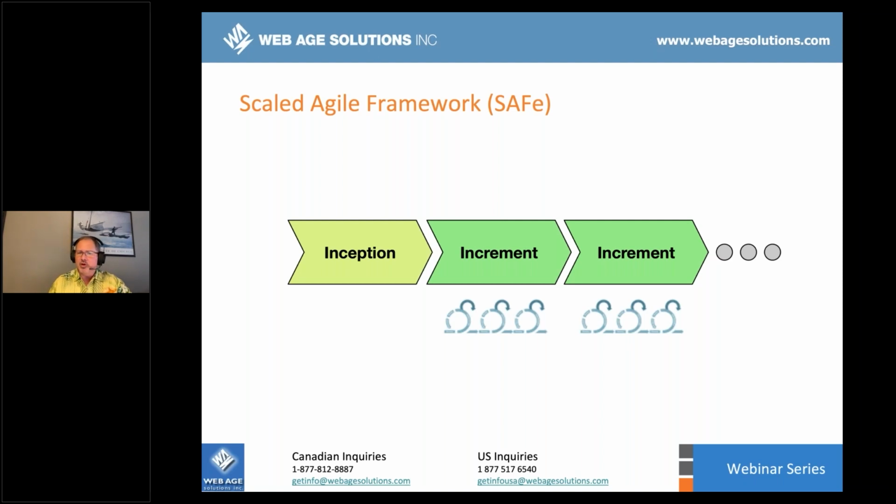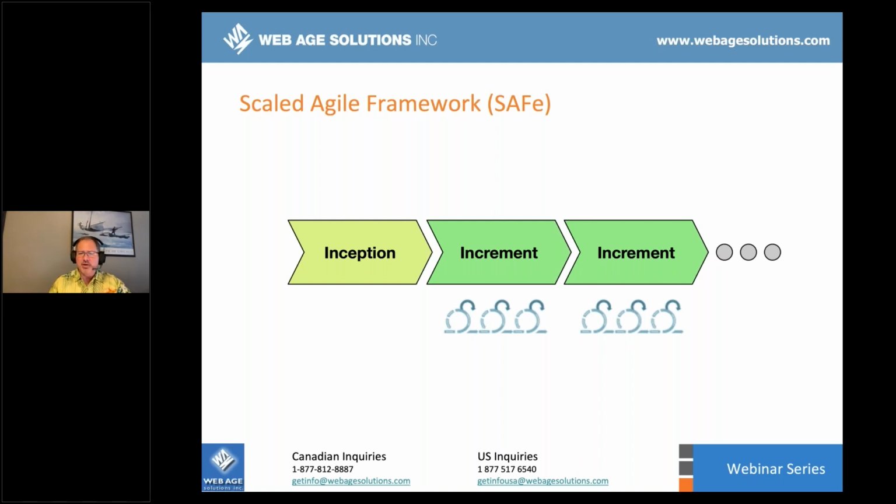The thing that I really want to call out here, because this is an essential part of how we integrate architecture into this process, is the idea that we have an inception phase which is different from the increments. Each of the increments, you could think of as a release. An increment is something that produces software. The inception phase gets us ready to produce software.